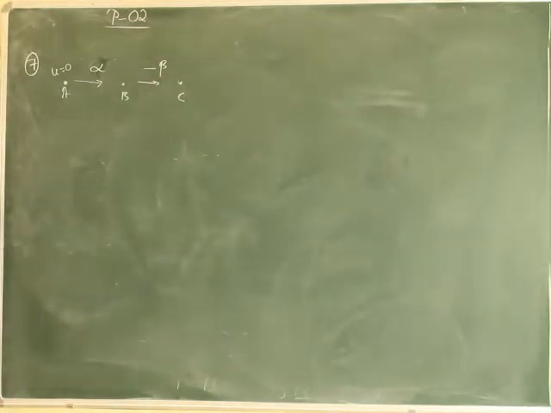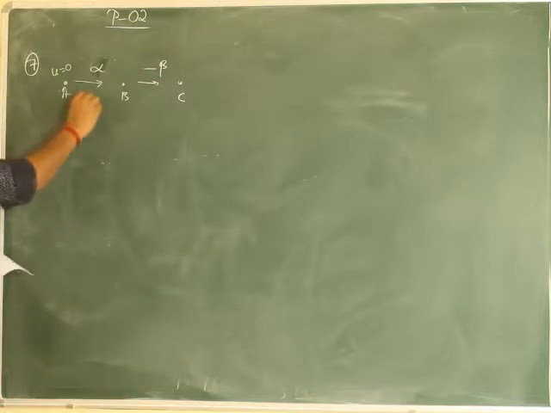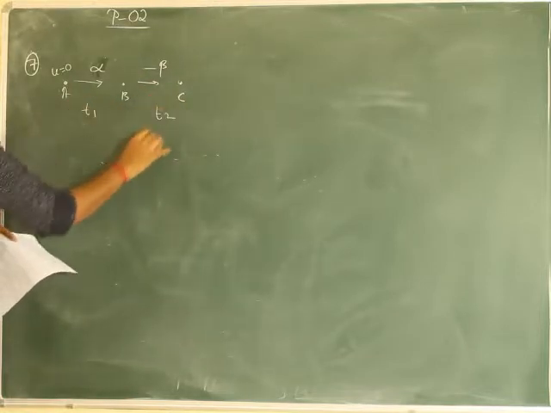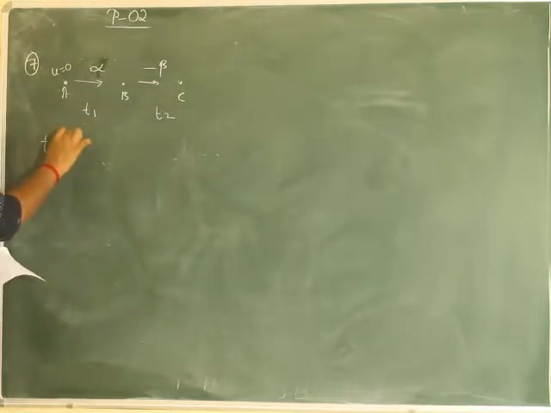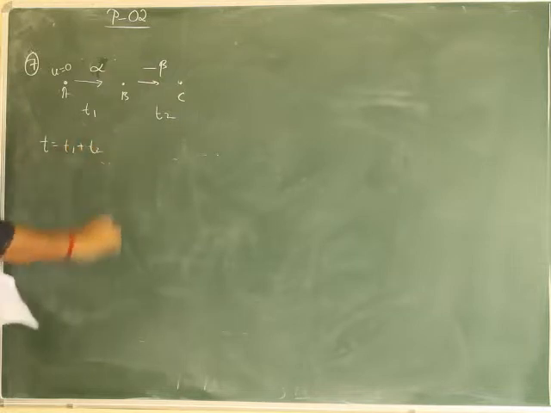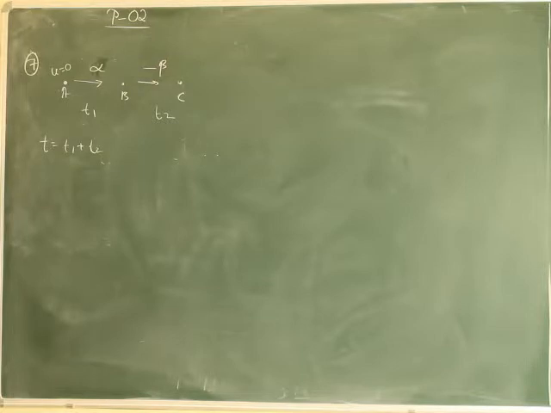If the total time elapsed is t, then the maximum velocity attained is asked. I can take one interval as t1 and the other as t2, so the total time t is equal to t1 plus t2. The initial velocity is 0.